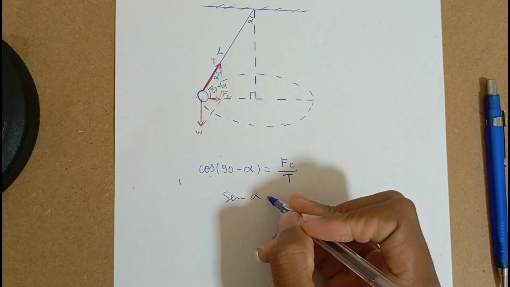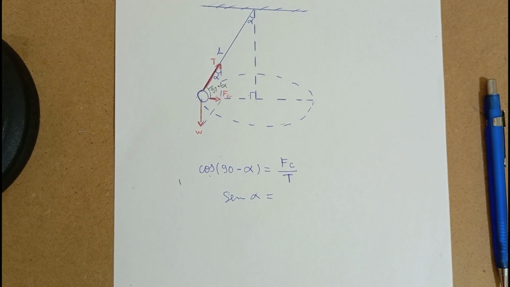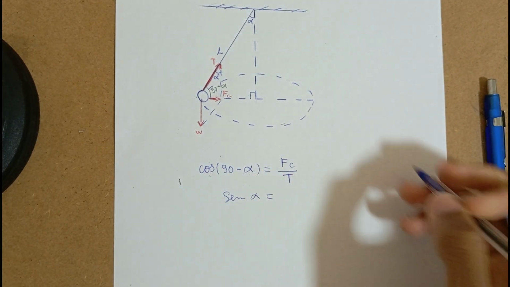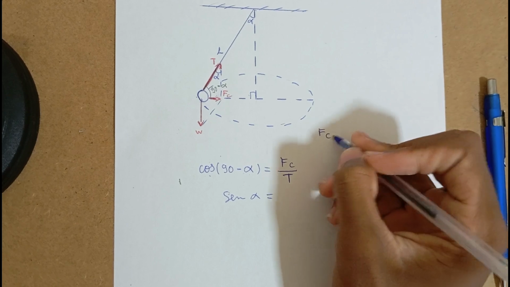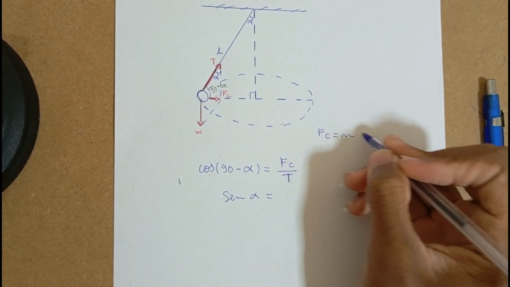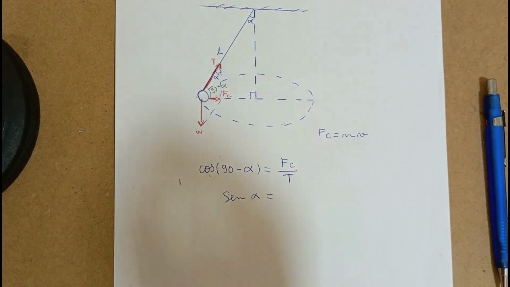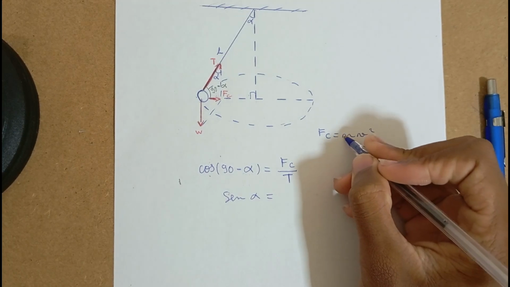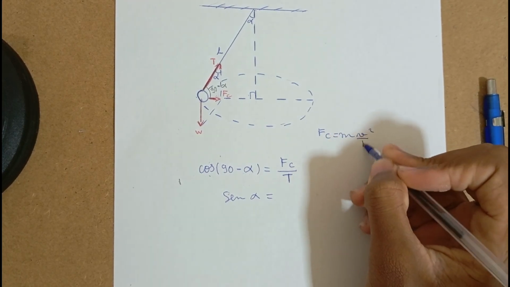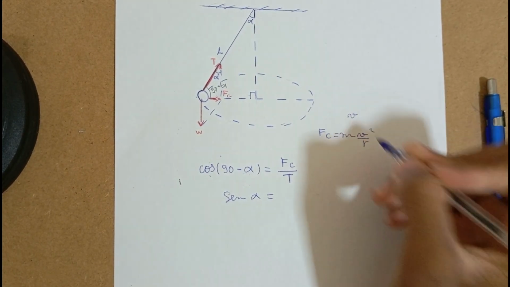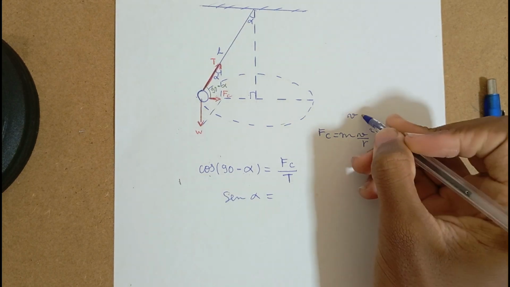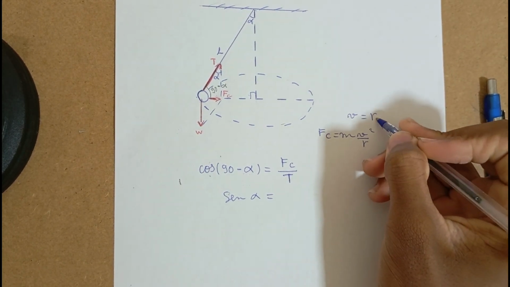Okay, so here first you need to know what the centrifugal force is equal to: mass times linear velocity squared, over the radius. But we know that linear velocity is equal to the radius times angular velocity.